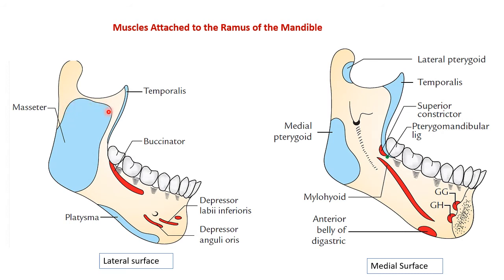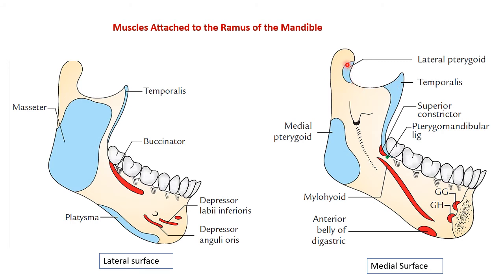The masseter muscle is inserted into the lateral surface of the ramus of the mandible. The temporalis muscle is inserted into the coronoid process, the anterior border, and some of the medial surface of the ramus of the mandible.